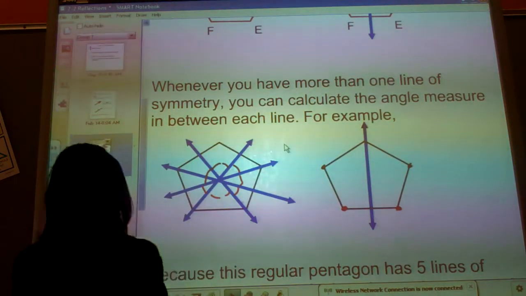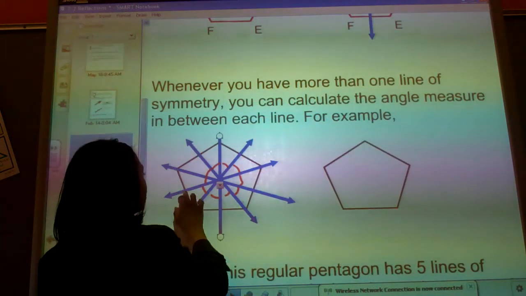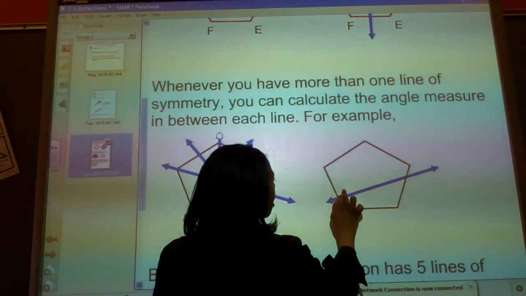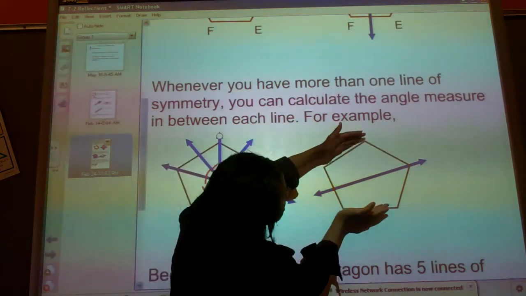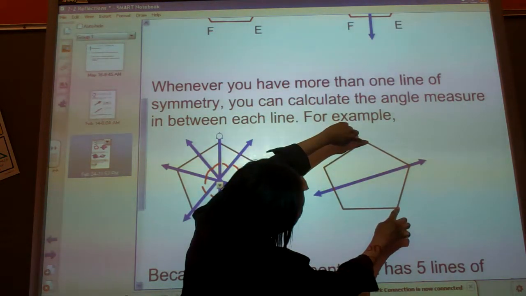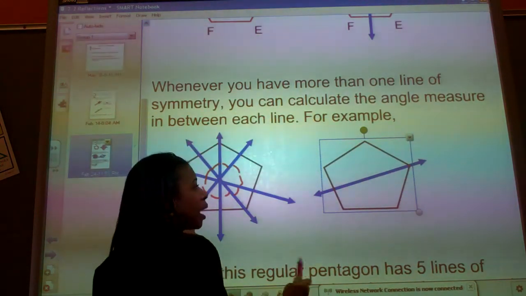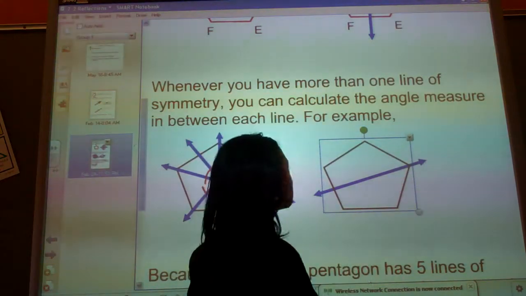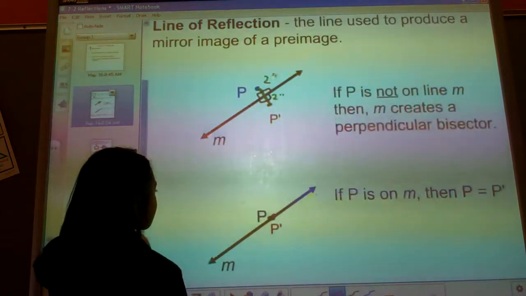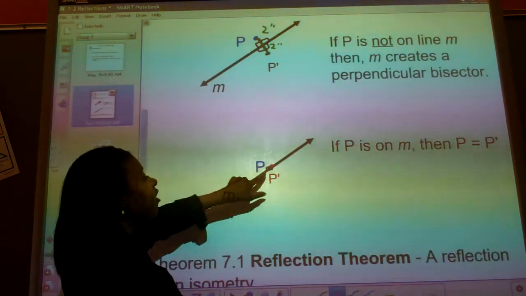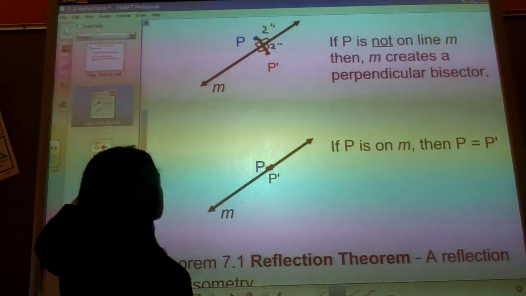Okay? Next item of business. Let's suppose I use this as my line of symmetry, because I can fold this way now. Okay, these two will be twins. These two will be twins. And just a reminder, we talked about it in the previous one with this point P here. P and P prime here, if a point lies on a line, then that means it's automatically going to be its own twin.